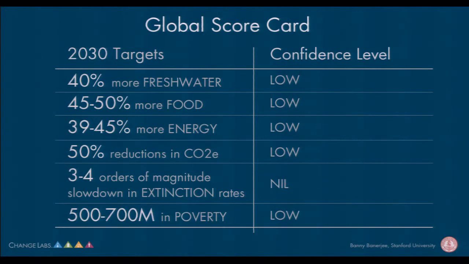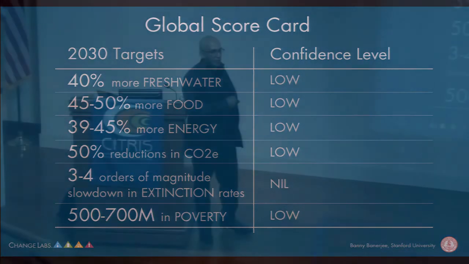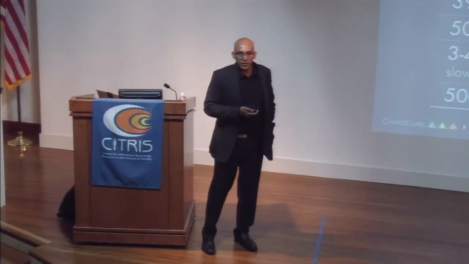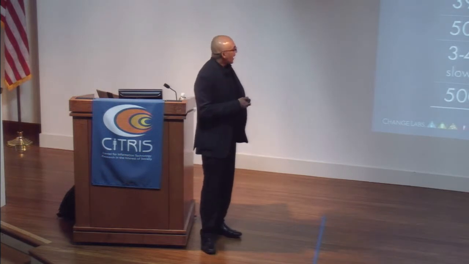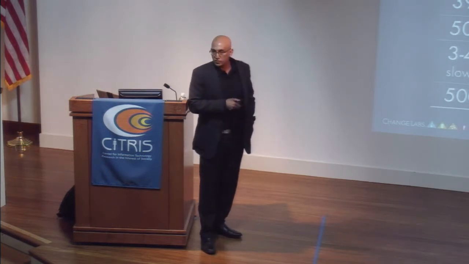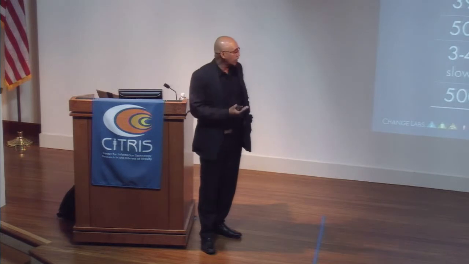But some of these targets are pretty amazing. For example, if you look at the connections between them, we need a much larger supply of energy, but at the same time we need a huge reduction in effective carbon emissions in order to control climate change effects. And those two are not good bedfellows. It's very, very hard to get both.